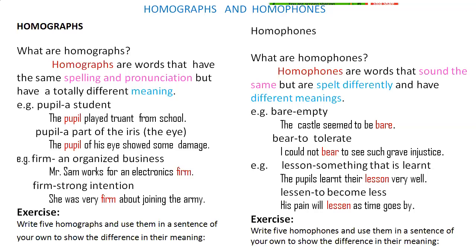Let's take another example. Let's use the word firm. The word firm has two meanings. One is an organized business, like when you are saying, Mr. Sam works for an electronics firm.